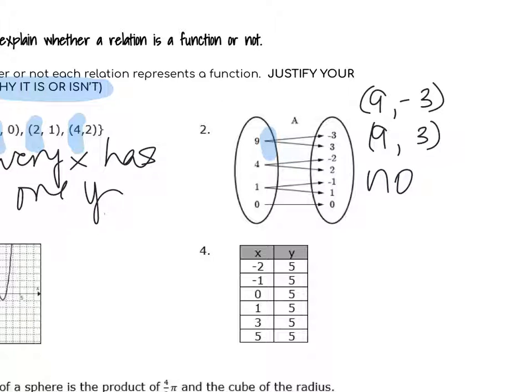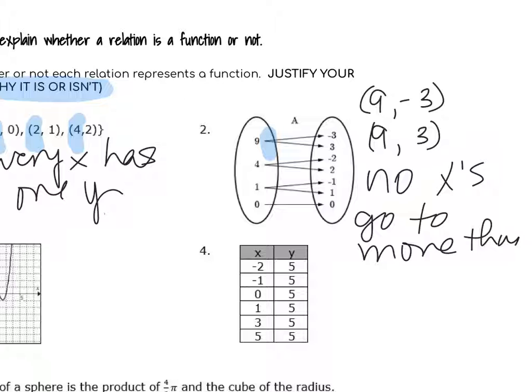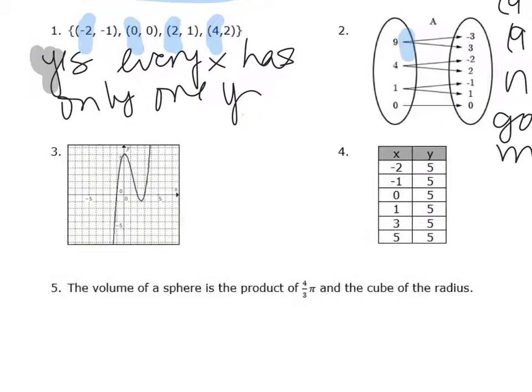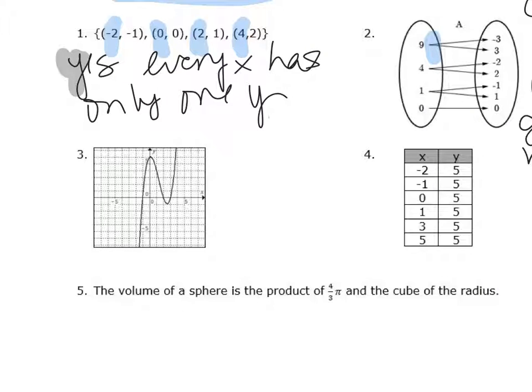So this is no. X's are paired with more than one y, like, for example, right there. It also happens with 4. You have 4 goes to negative 2 and 4 goes to 2. 1 goes to negative 1, 1 goes to 1. That can't happen. That's like in our example, you can't be born in two different states at the same time.